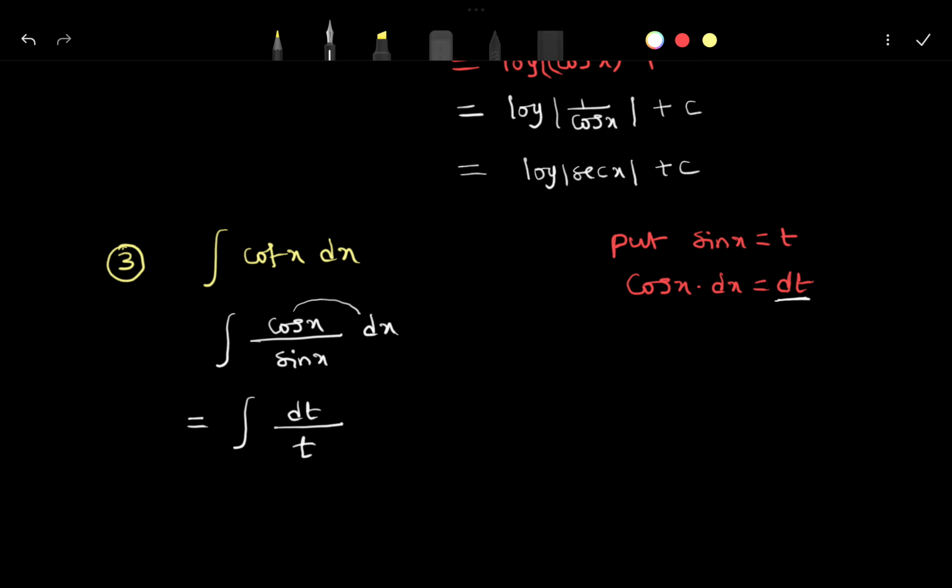Now what is the integration of 1 by x dx? Log x. So this will be log t as the answer. Now what is the t value? sin x. Therefore log of sin x plus c.